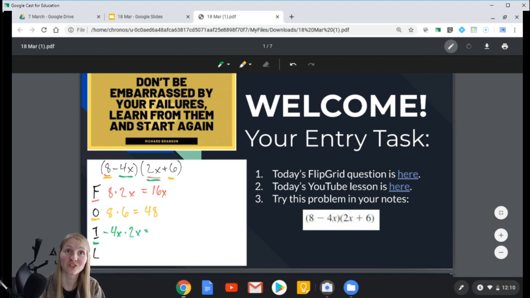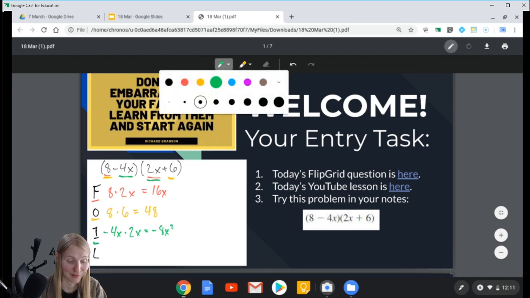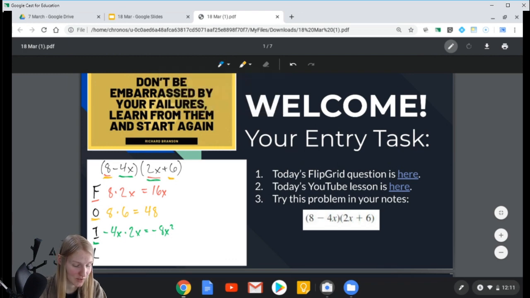Negative 4 times 2 is negative 8, and x times x is x squared. And last, but certainly not least, we are going to do the last terms, which means both terms on the end, the last term in either binomial.